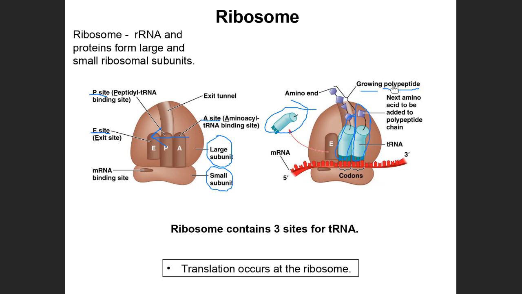When a tRNA is transferring an amino acid to the ribosome, it will enter or access the ribosome at the A site. What ensures it's transferring the correct amino acid? The tRNA will have an anticodon that complements the mRNA codon in the A site.